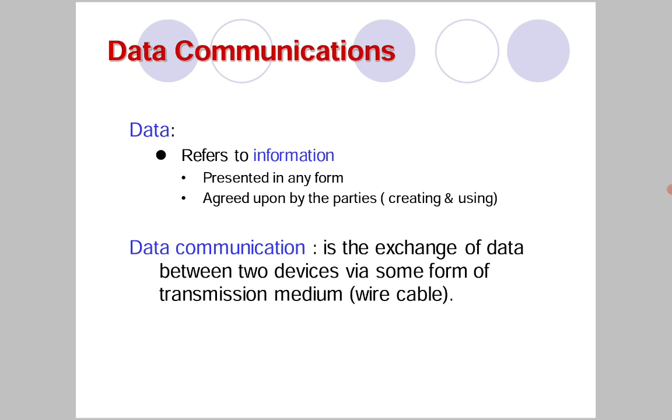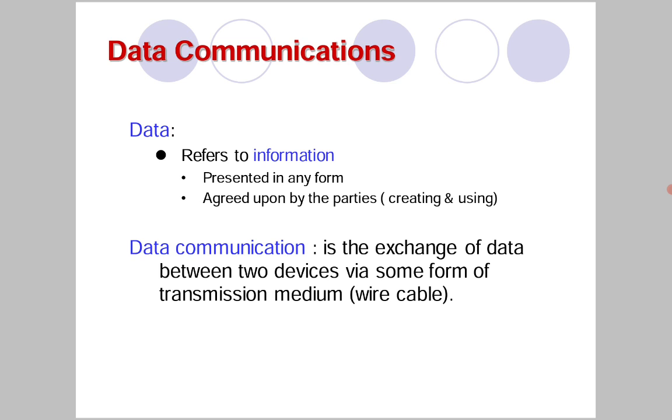Similarly, what is data communication? Data communication is the exchange of data between two devices, two computers, or two PCs via some form of transmission media, meaning cables. So what is the exact definition?